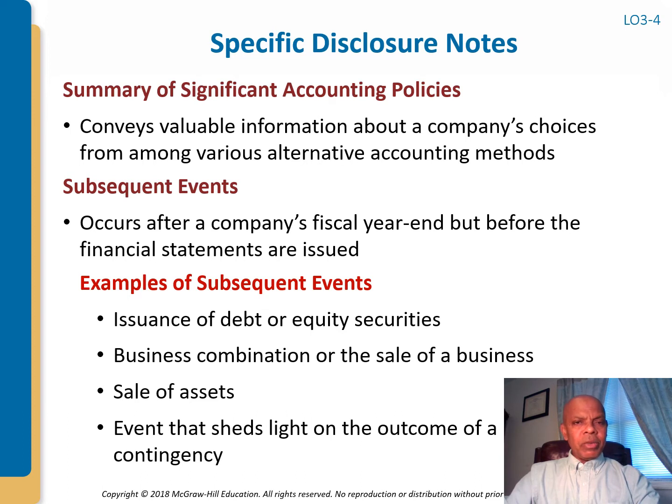Again, the subsequent event occurs after the company's fiscal year end, but before the financial statements are issued. Examples: issuance of debt or equity securities, which is a material item, right? A business combination, sale of business, sale of assets, even something that sheds light on the outcome of a contingency, like a lawsuit.